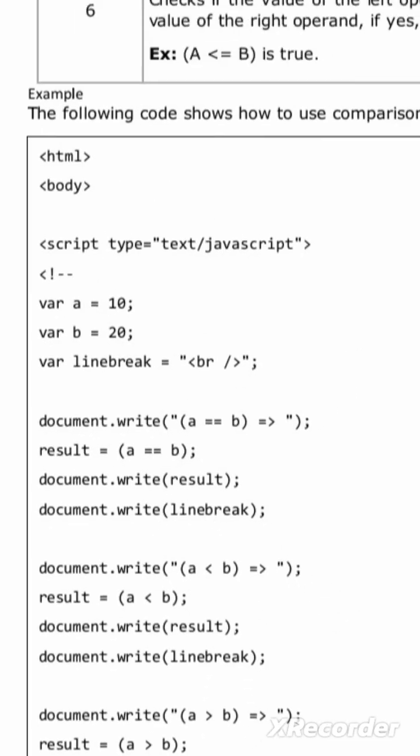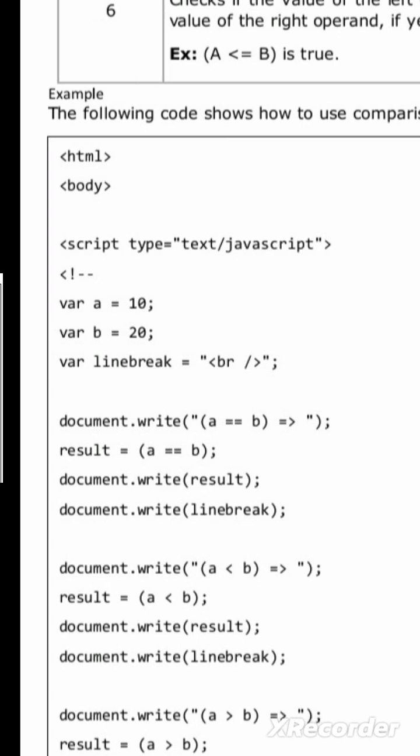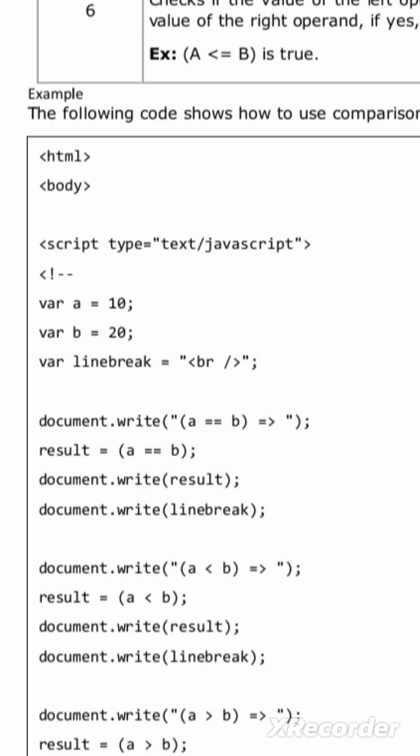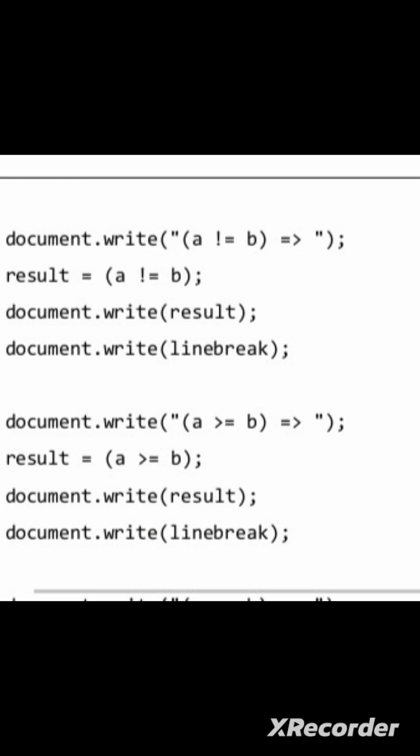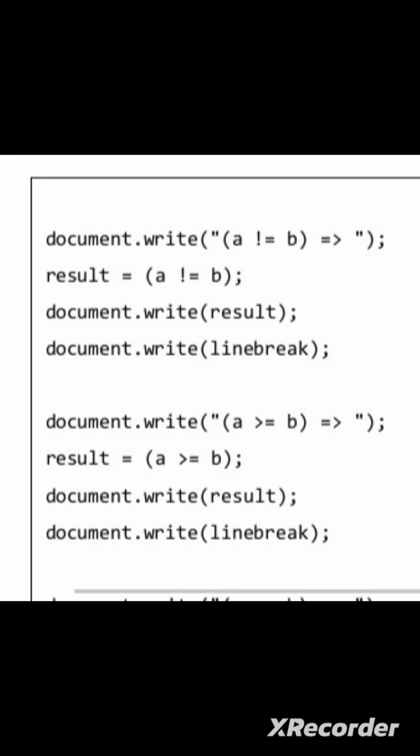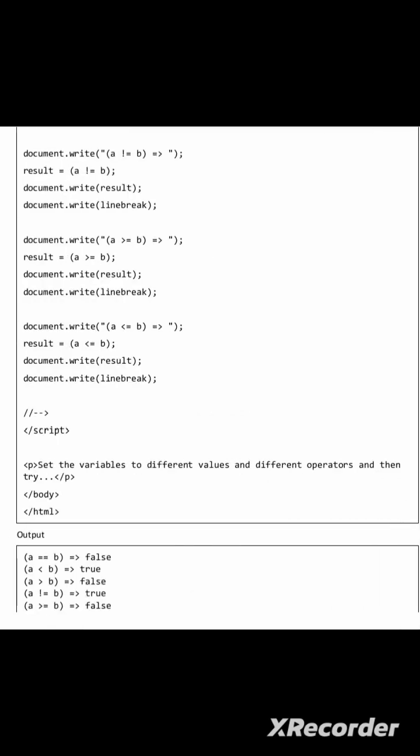Here a is not equals to b, that is why it will return false. Again next, a less than b, that is true. A greater than b is false. Again, a not equals to b will return true. And a greater than or equals to b, that is false.